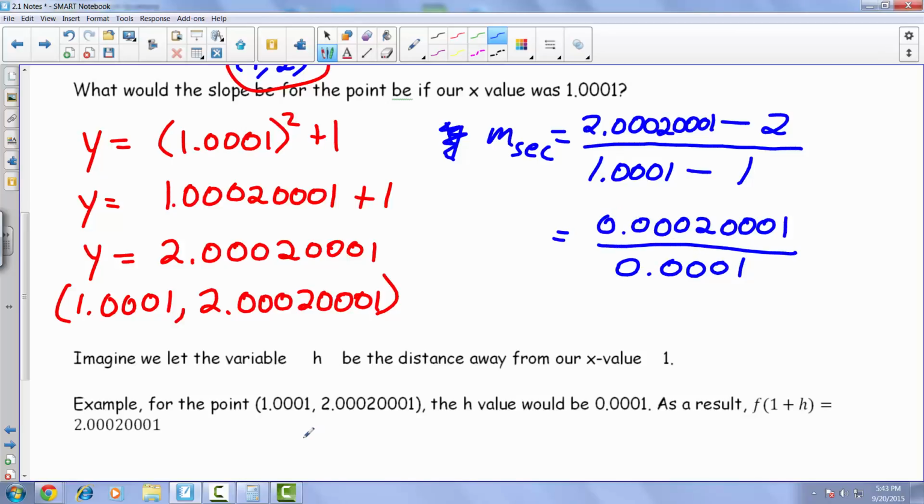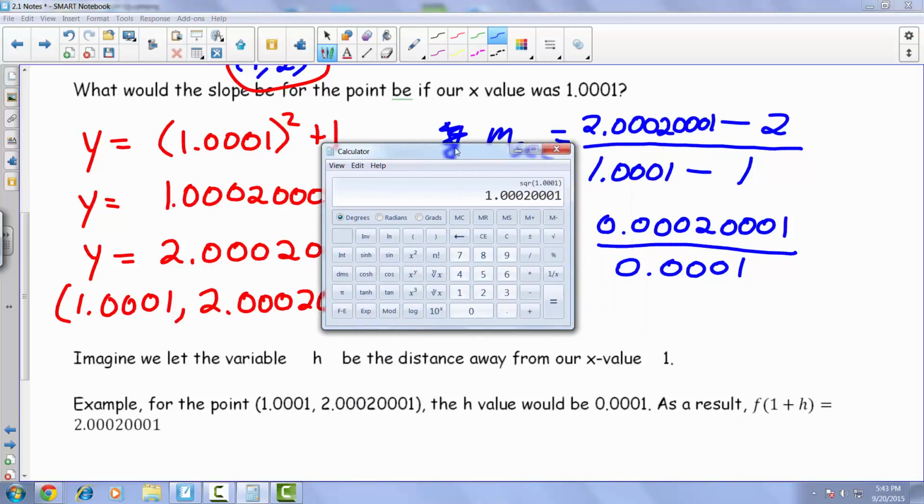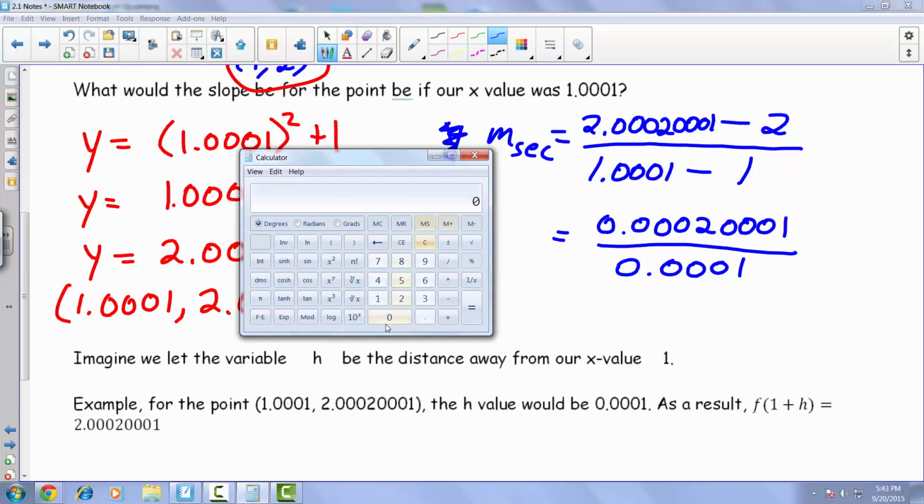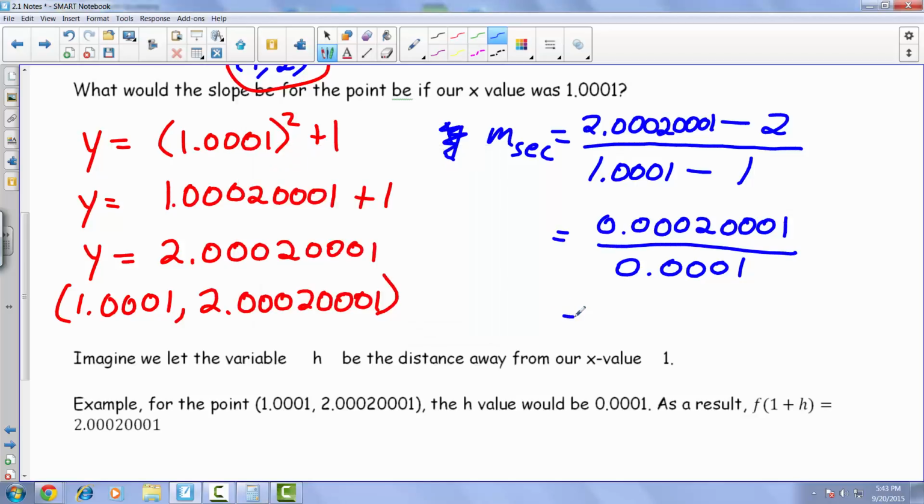And then just dividing that, we end up with 2.0001. So pretty much close to 2.